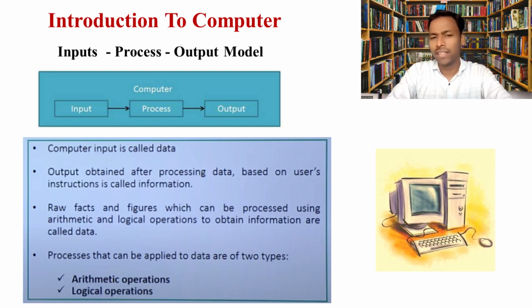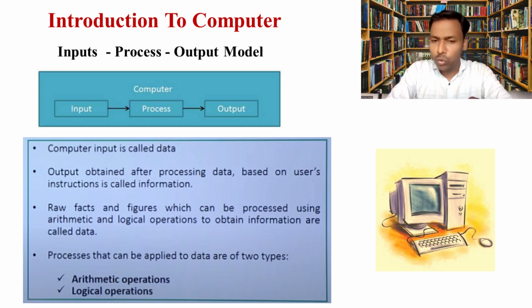How is this processing done? This processing is done as per the instruction given by the user, and depending on the process that is applied, the output is given. Let's take a small example. For example, I want to add two numbers, say 2 and 3. So what will I input?